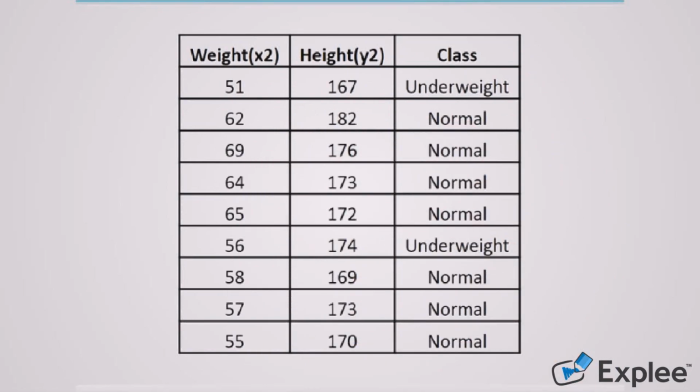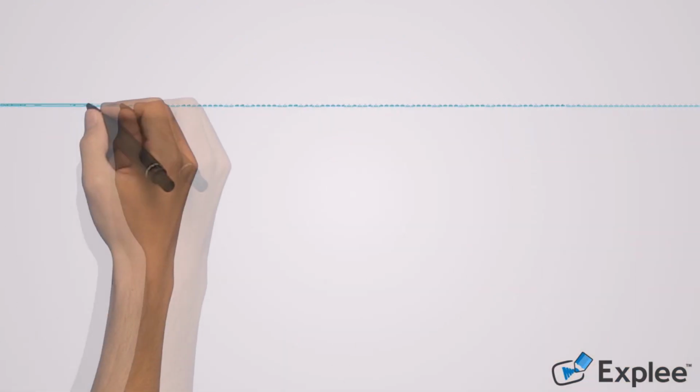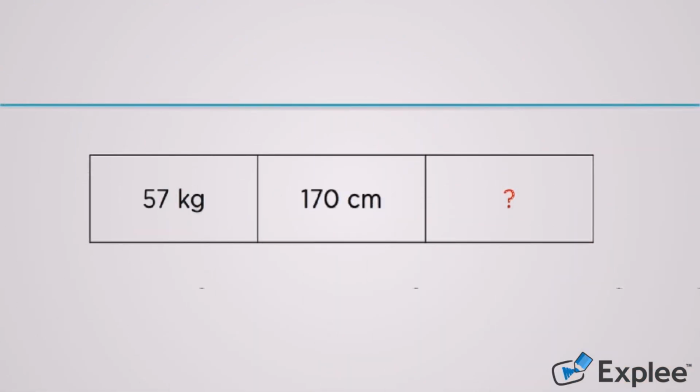We have 2 variables, which are weight and height, and each point is classified as normal or underweight. Now, this is our unknown. We want to find out if this data is underweight or normal using kNN. So to understand it better, we will try to solve this using the Euclidean distance formula.